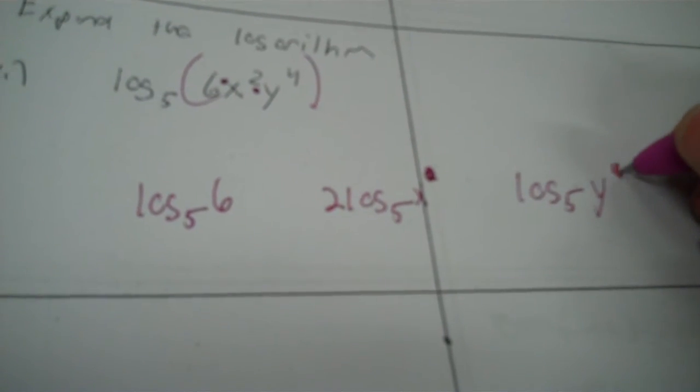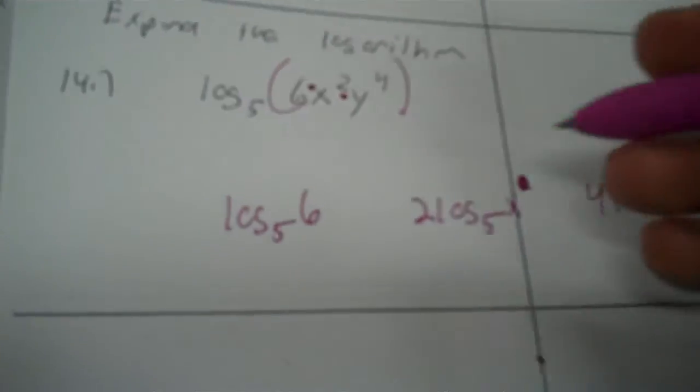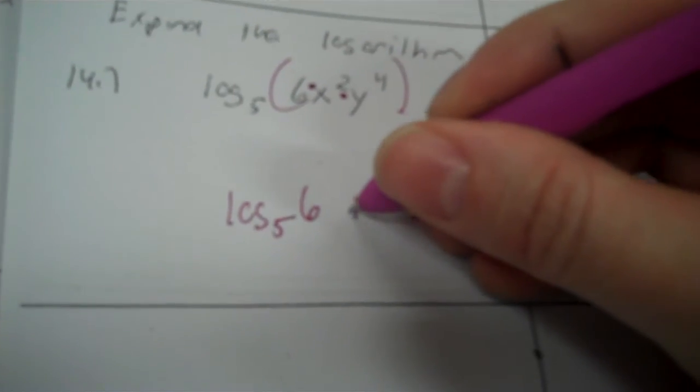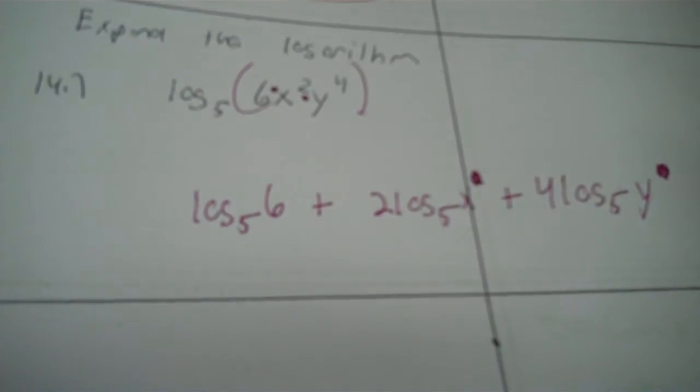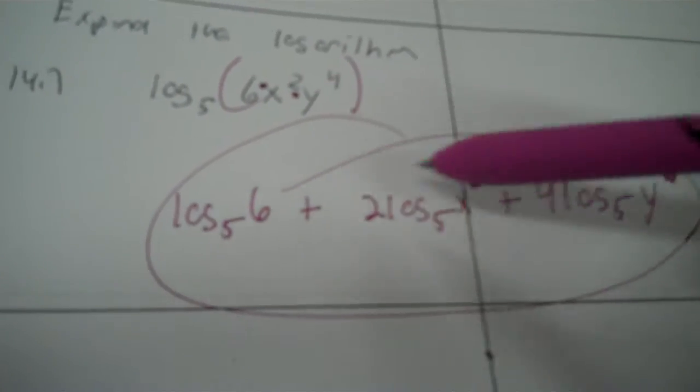Y to the 4th, scribble out the 4, put it right in front like it is right there. Now multiplication, when I expand the logarithm, goes with addition. Had that said addition, I would have written dot y to the 3rd instead of divided by. Okay, that's how that works. Dots mean addition, okay?